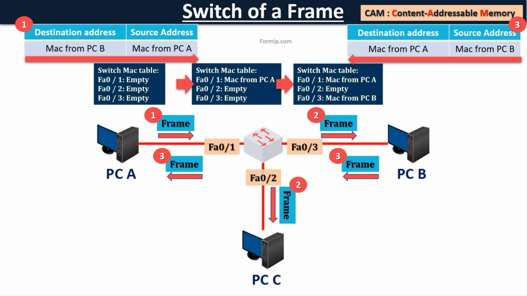The destination address of the frame and its associated port can now be found in the MAC table. Now the switch knows that to access the MAC address of PC A, it will have to go through port 01, and to join PC B, it will go through port 03. The switch can now transfer frames between PC A and PC B without flooding the network.